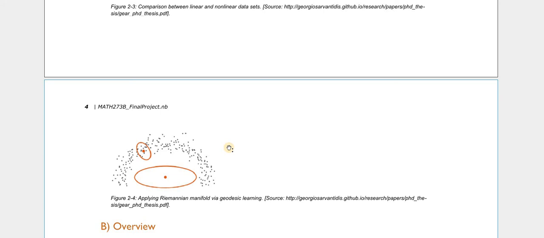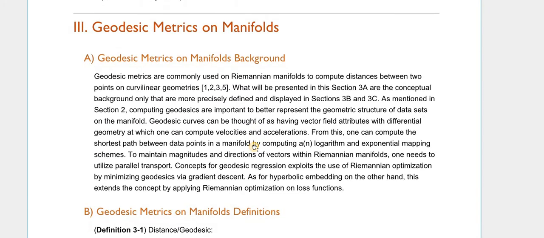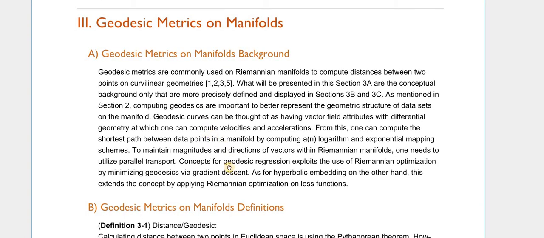And to do this, we're going to have to perform mappings, as I mentioned. These types of mappings I'll talk about in a little bit, which are called exponential and logarithmic mapping. So now that we've talked about some background, let's actually move on to some of the mathematical constructs.